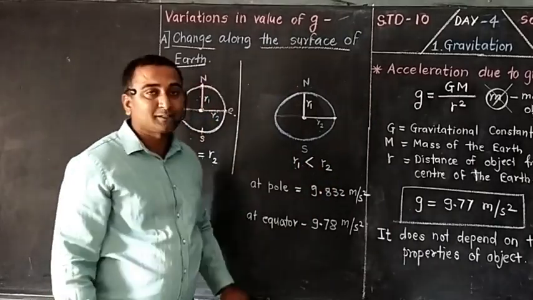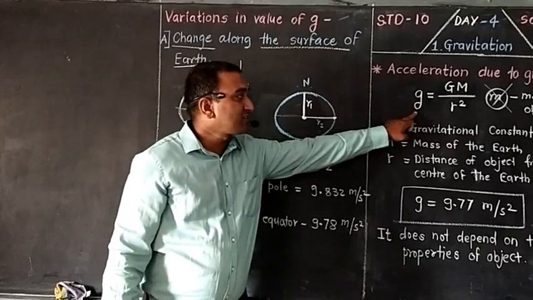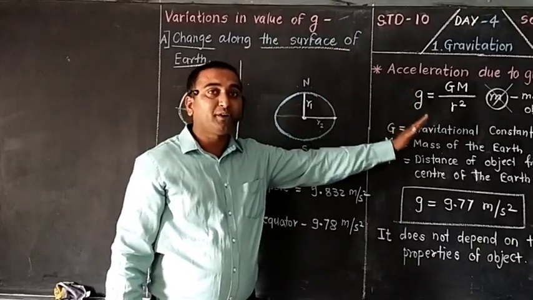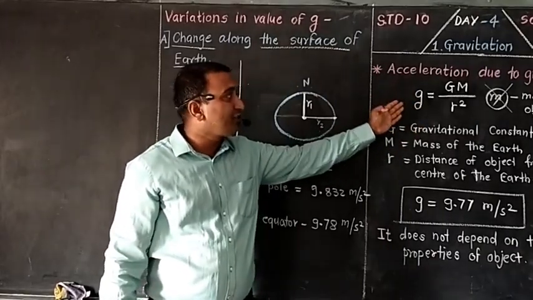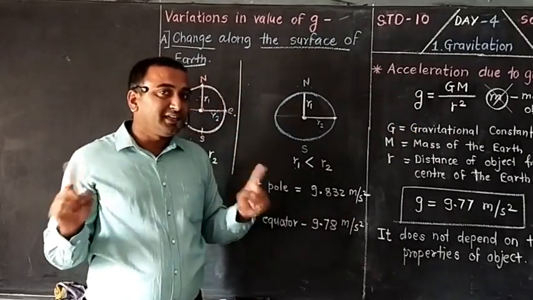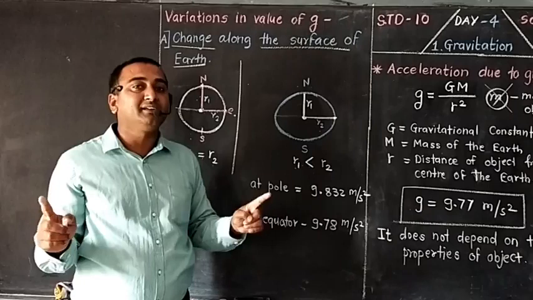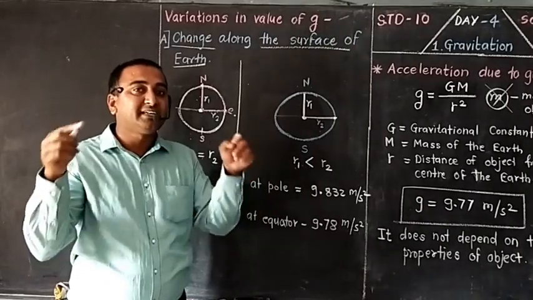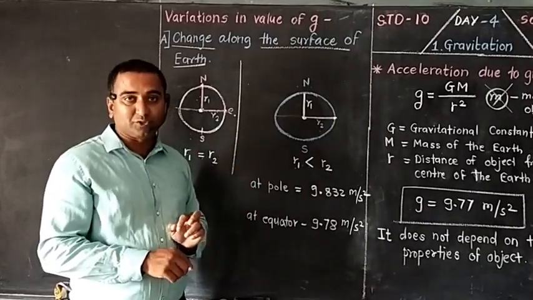Just as we have discussed, gravitational force depends on distance, and acceleration due to gravity also depends on distance. When distance increases, acceleration due to gravity decreases because of inverse proportion.